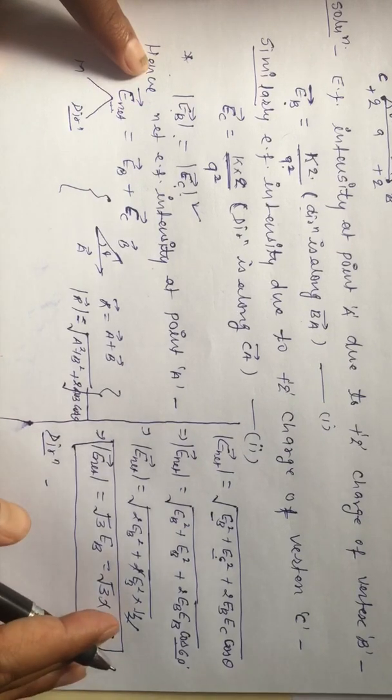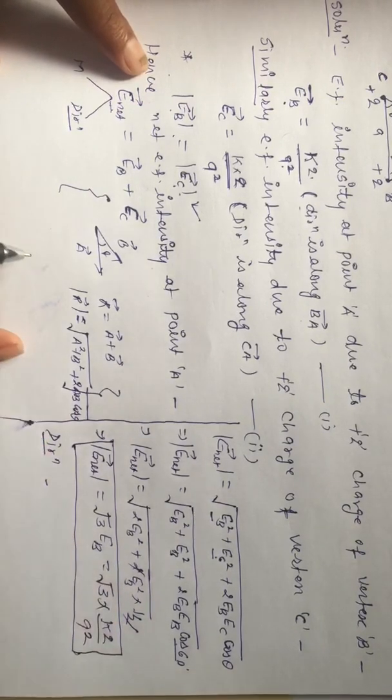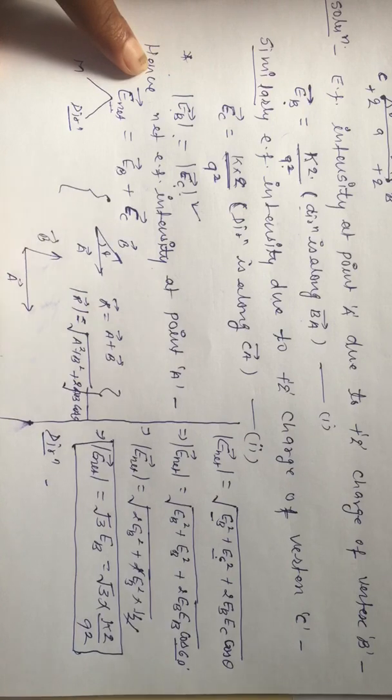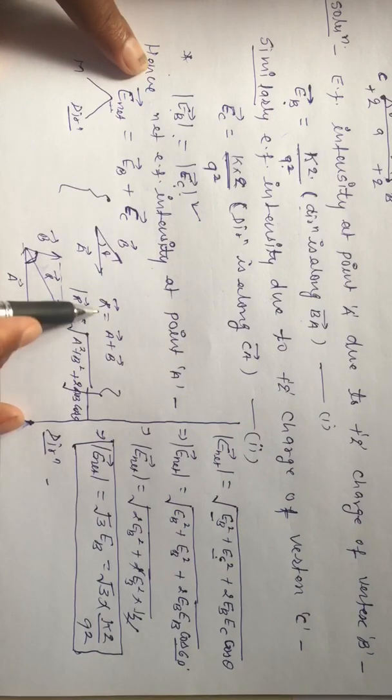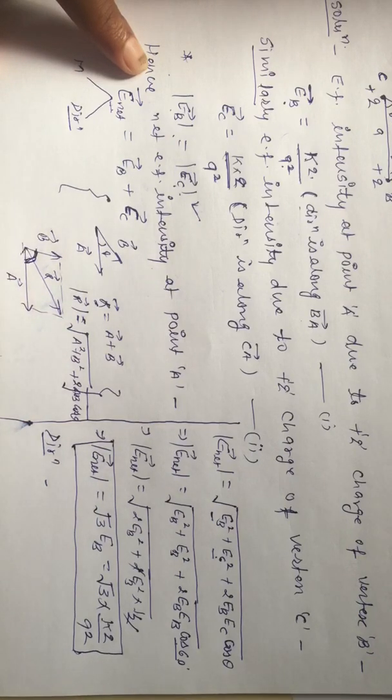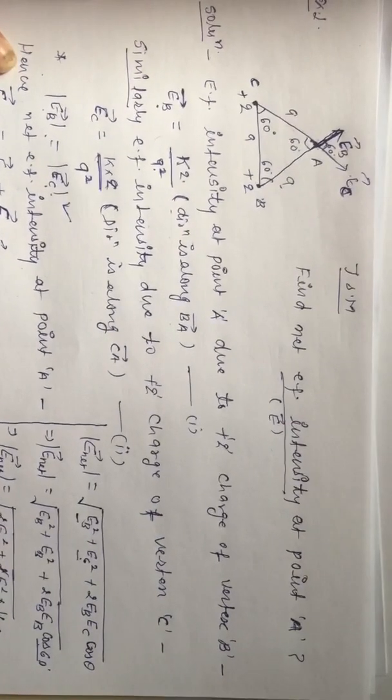Actually, my dear students, in the 11th standard you have studied in vectors that if two vectors, A vector and B vector, are the same in magnitude, then their resultant vector bisects the angle between them. Their resultant vector, which occurs from addition, the R vector, bisects the angle between the A vector and B vector. Similar is the case here.